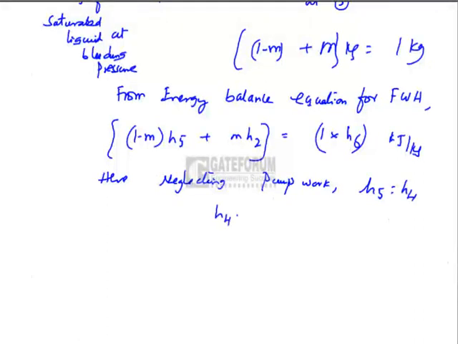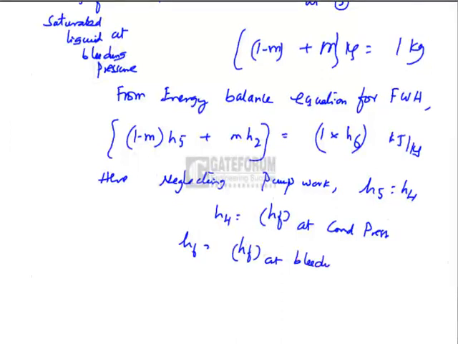What is H4? HF at condenser pressure. What is H6? This is HF at bleeding pressure. Both these enthalpies can be obtained from the steam tables.